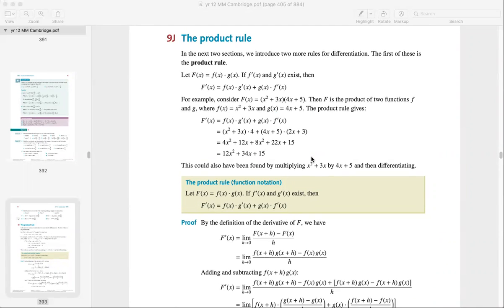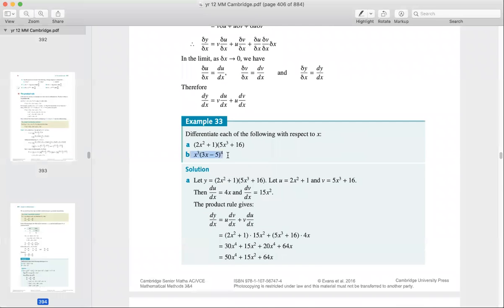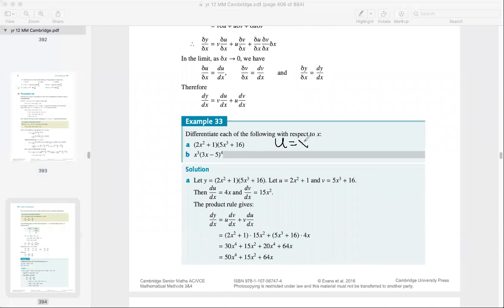So this one we call the product rule. Normally, I suggest my students remember it like this: (uv)' equals u'v plus uv'. This is our product rule, and we can directly use it by applying it over here. So my u is x cubed, my v is (3x minus 5) to the power 4.